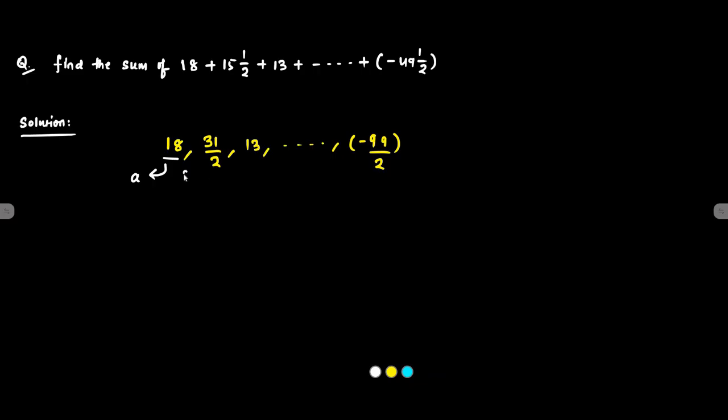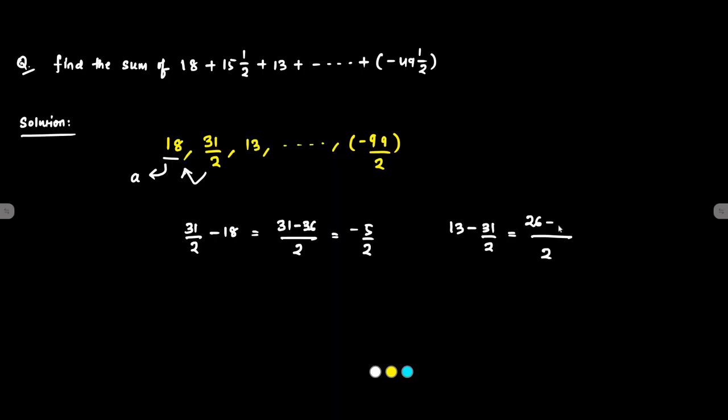Now the difference: 31 by 2 minus 18, which is equal to 31 minus 36 by 2, which is minus 5 by 2. Then 13 minus 31 by 2 is equal to 26 minus 31 by 2, which is again minus 5 by 2.